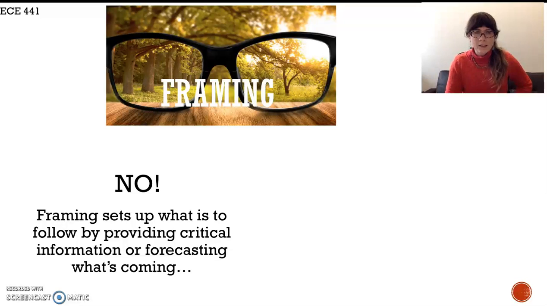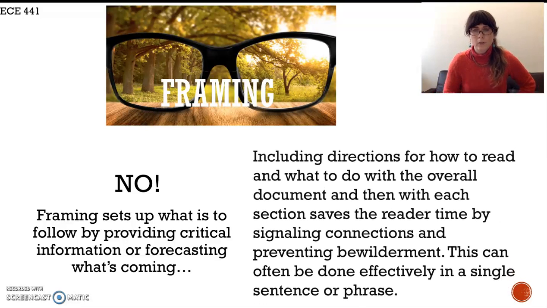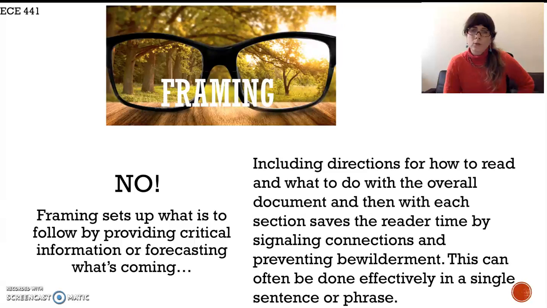Framing actually sets up what's going to happen by providing critical information or forecasting in an outline. It's a guide through the document that can actually be very helpful for the reader. It might include directions about how to read the document or what to do with the overall document.